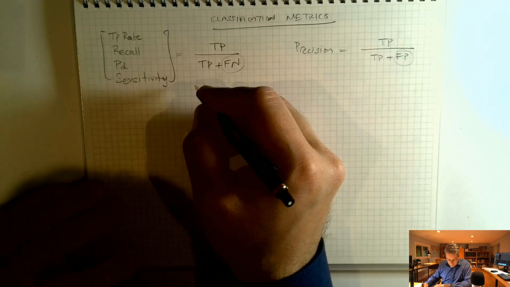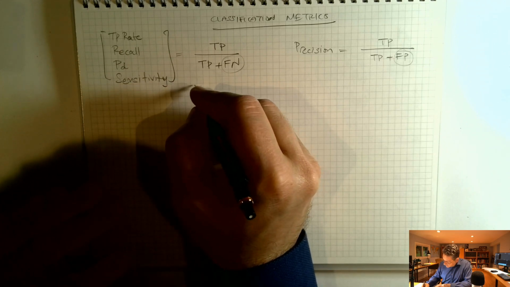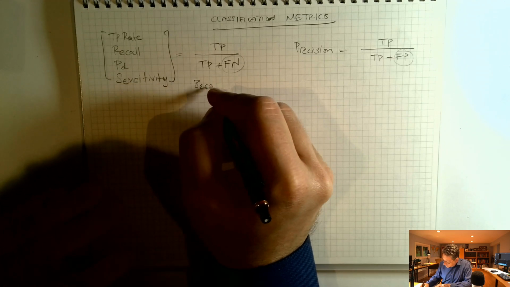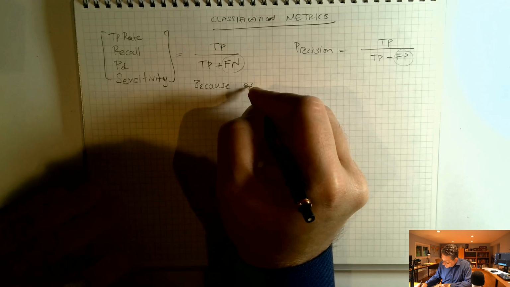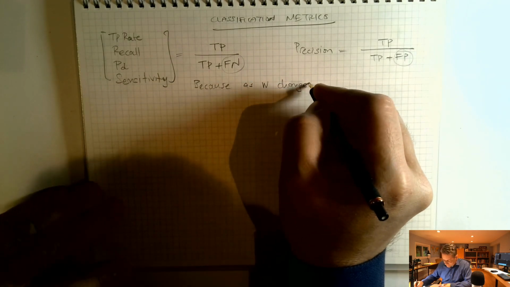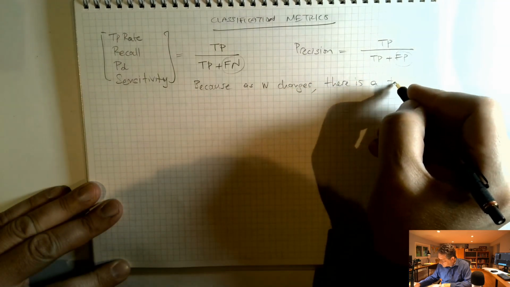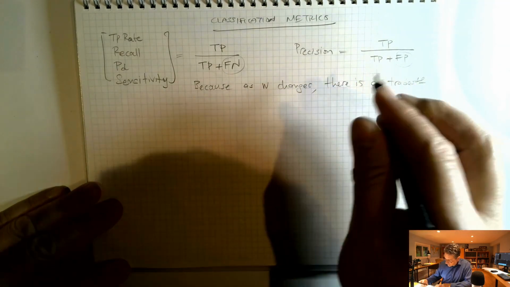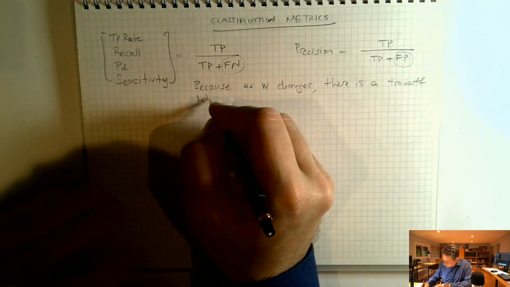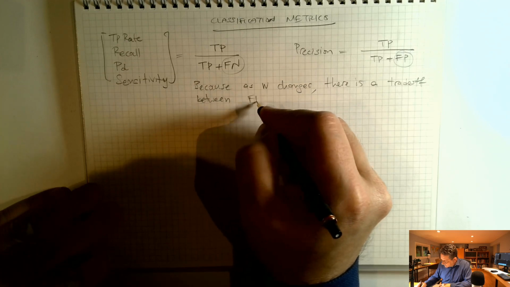So let me write this down. We can say that as W changes, there is a trade-off between false positives and false negatives.